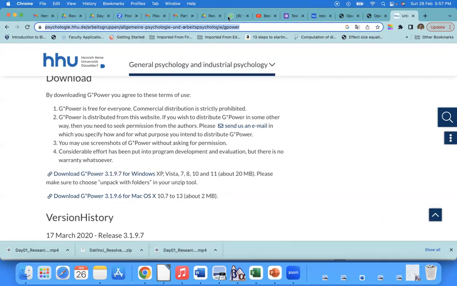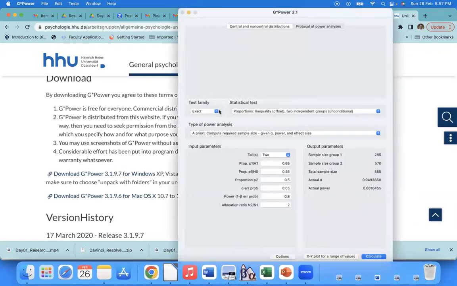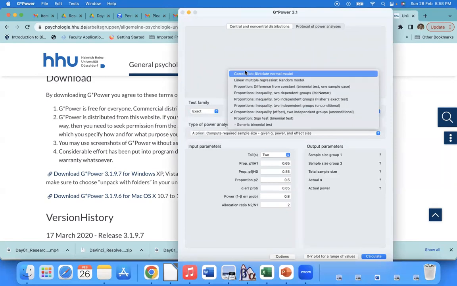I will share this link with you in the chat box. This is for G-Power. After you download it, you can click on what type of study and what type of analysis you are doing. If you are doing a chi-square test, comparing two proportions, you have to click on exact, then choose proportion.